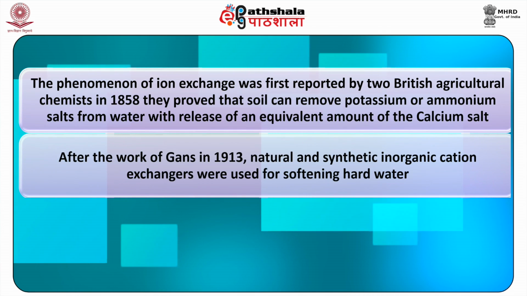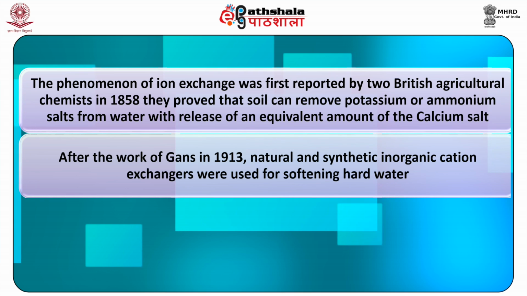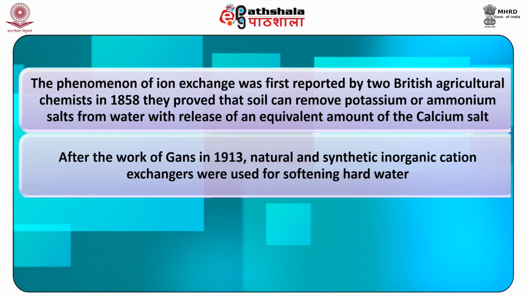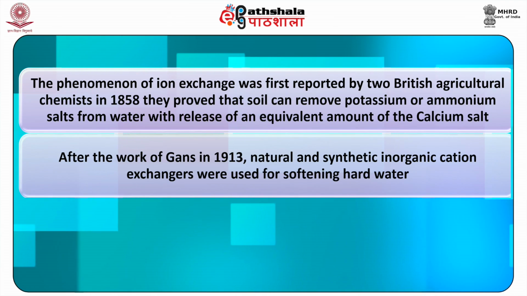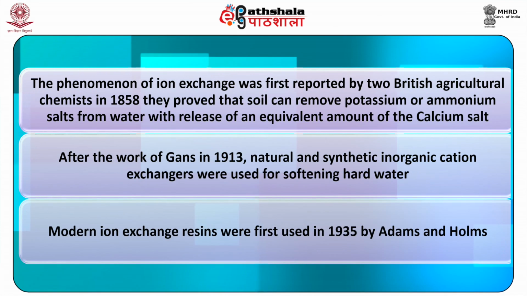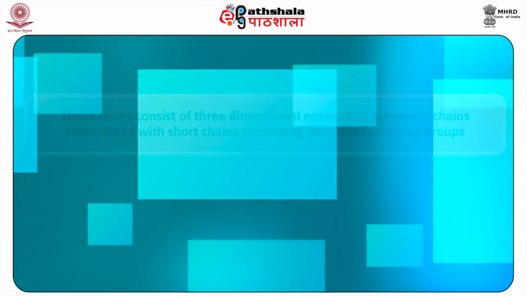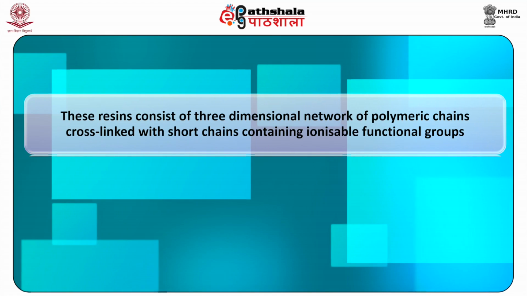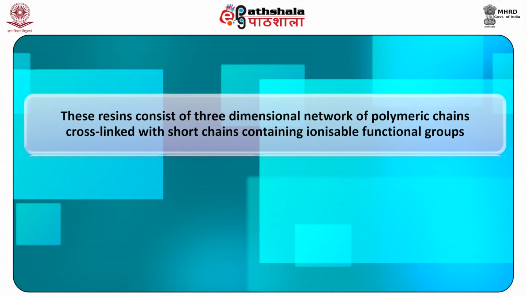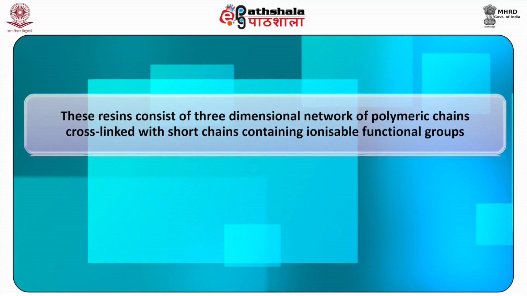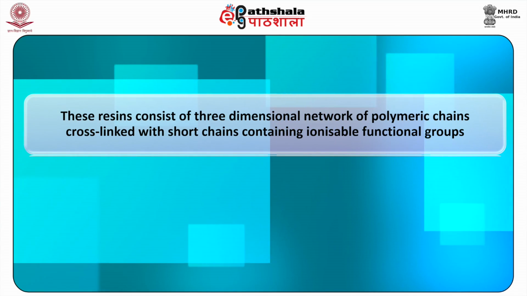After the work of Gans in 1913, natural and synthetic inorganic cation exchangers were used for softening hard water. Modern ion exchanger resins were used first in 1935 by Adams and Holmes. These resins consist of three-dimensional networks of polymeric chains cross-linked with short chains containing ionizable functional groups.